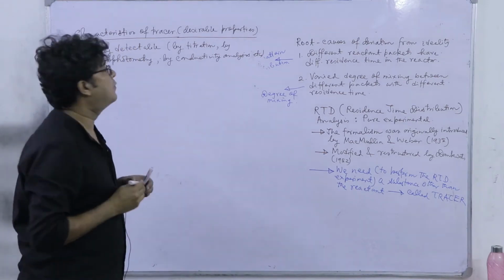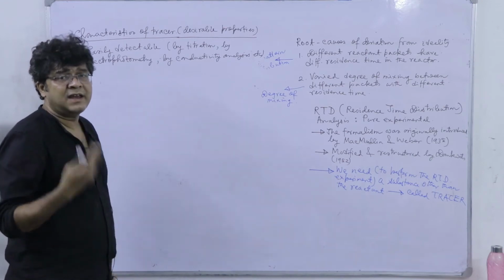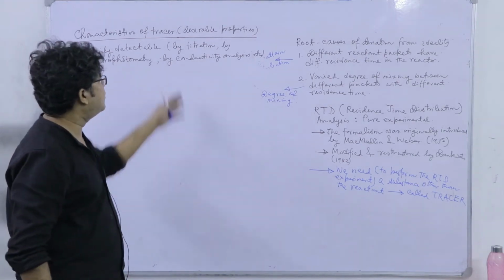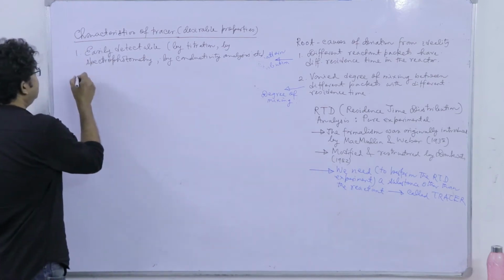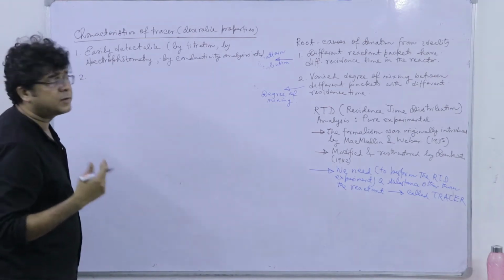If I have to go for a very accurate experiment, we can use radioisotopes as tracers, and we can go for radiation measurement, and from there we can convert it to concentration. So, that is easily detectable. That must be a fundamental property.